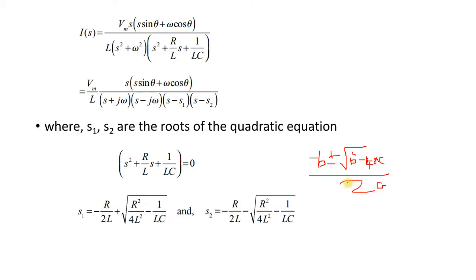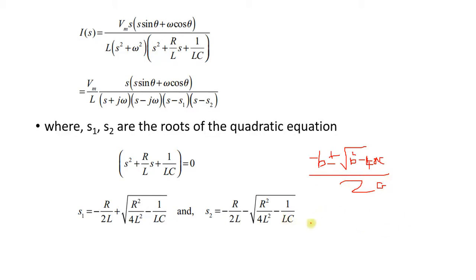The value of s1 is equal to minus R divided by 2L plus square root of R square divided by 4L square minus 1 by LC, and s2 is equal to minus R divided by 2L minus square root of R square divided by 4L square minus 1 by LC.